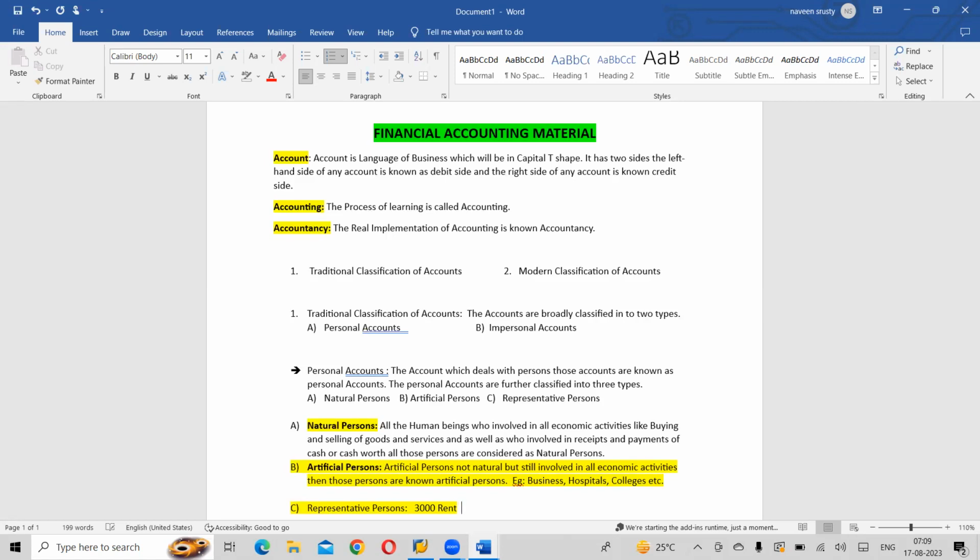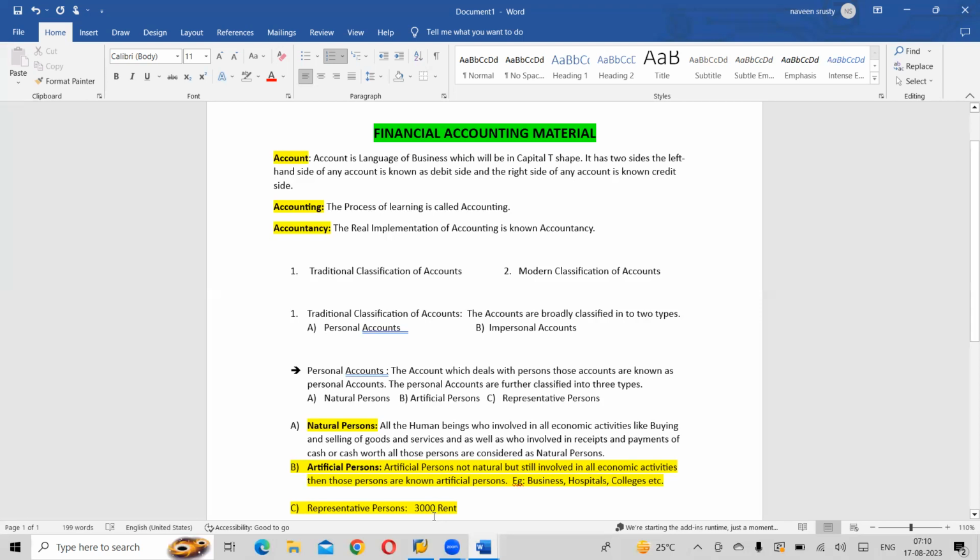For July, we need to pay on either 1st July or 31st July, as per the agreement with your owner. So you need to pay on or before 31st July this 30,000 rent.